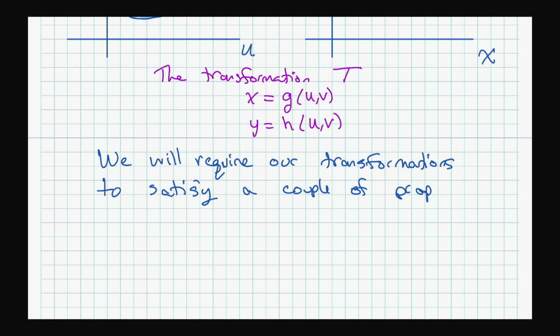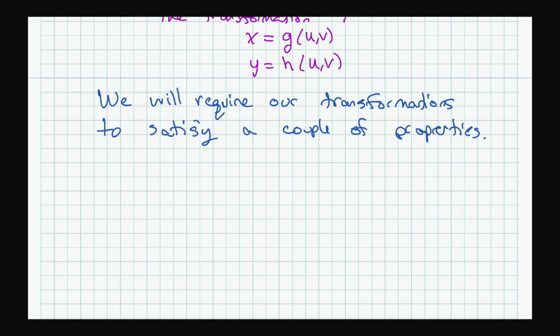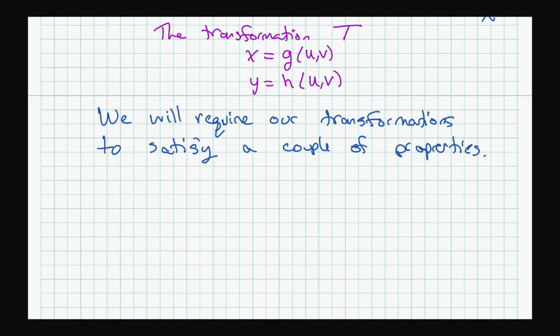Typically, if we are calling our transformations x equals g(u, v) and y equals h(u, v), we're going to need all of the partial derivatives to exist. So we need all partial derivatives to exist.